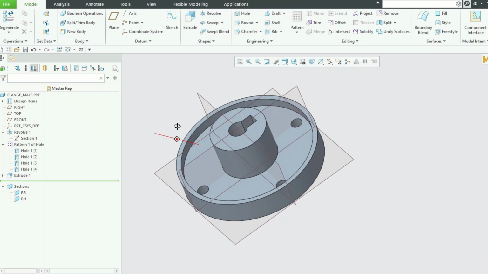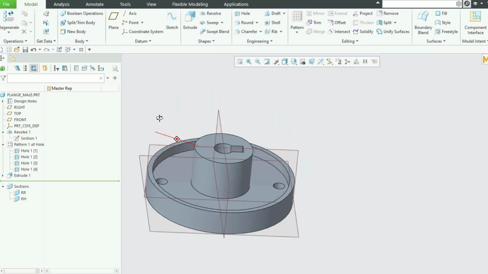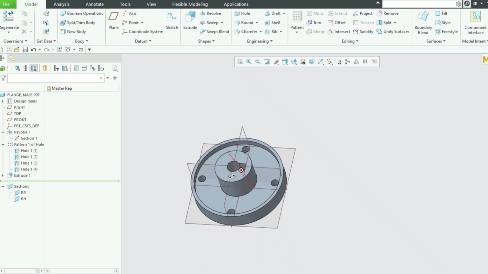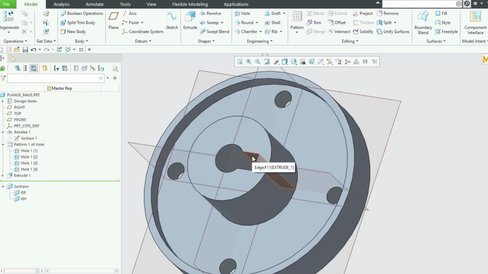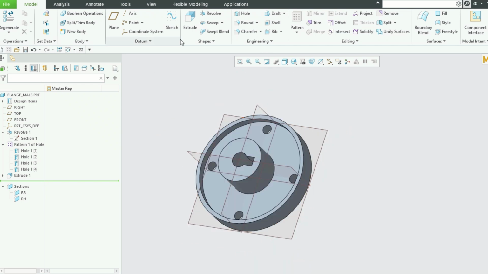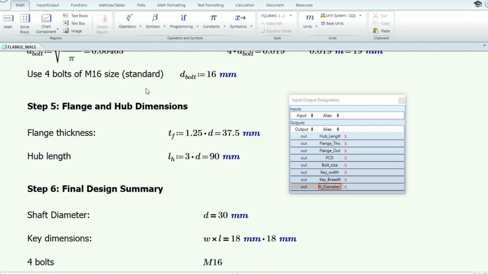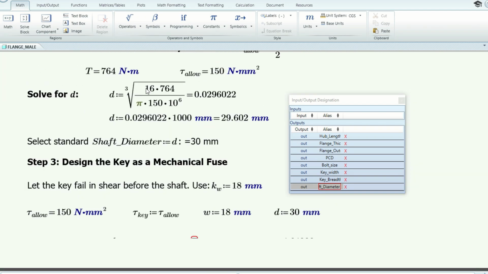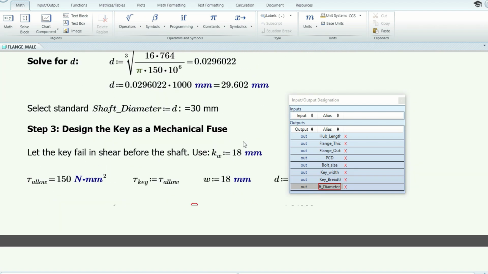Yes. Now the flange is completely within the width. 18 mm looks normal. So go back here, go back to Mathcad and see why we have assumed the key width as 18 mm. Instead of that, I will assume key width as 12 mm.